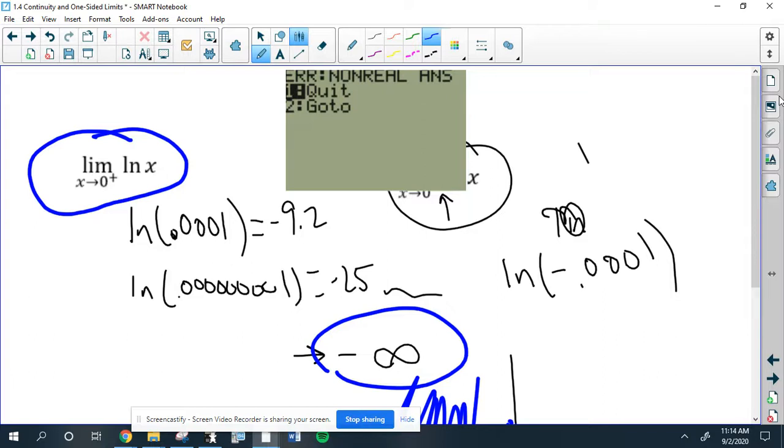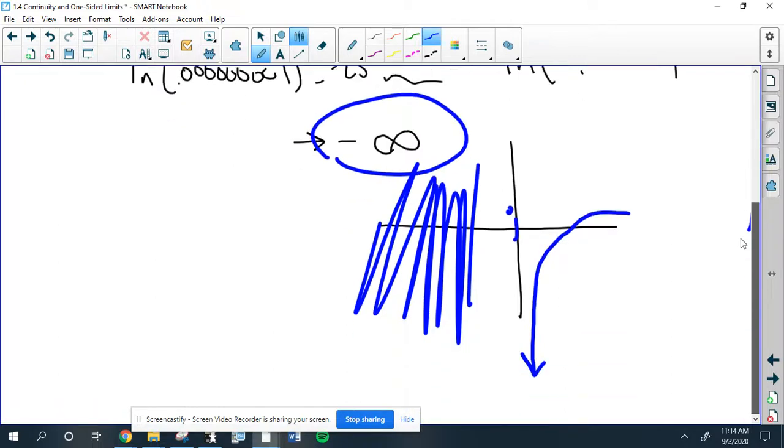The natural log function has a vertical asymptote at x equals 0 because we can see by the one-sided limit that that function goes to negative infinity. So you can use one-sided limits to find vertical asymptotes on these types of functions where you can't see it's going to be a number over 0. I hope that made sense.